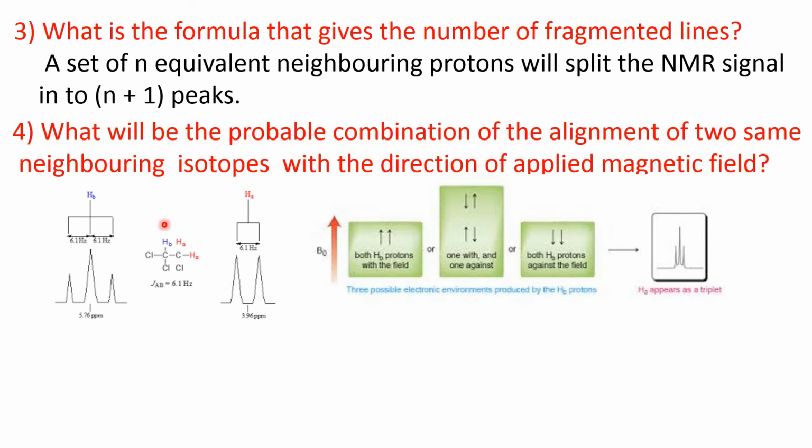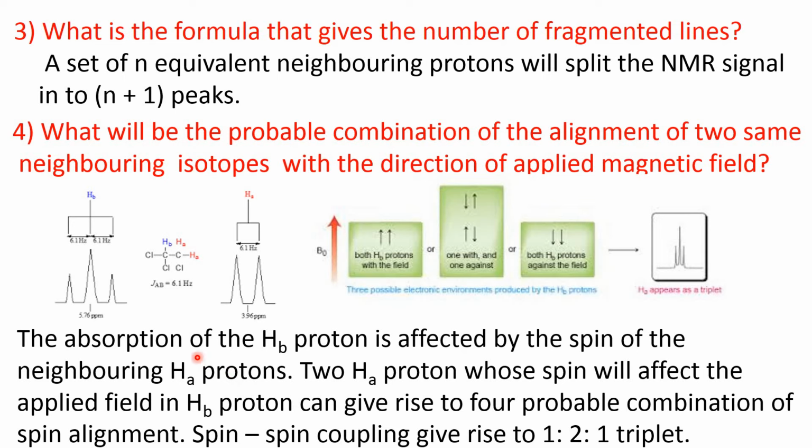Both Ha protons are aligned with the magnetic field; one is aligned, one is opposite; and both are opposite. So we get the signal as a triplet in the ratio of 1:2:1. So this absorption of Hb proton is affected by the spin of the neighboring Ha protons. Two Ha protons whose spin will affect the applied field on Hb proton can give rise to 4 probable combinations of the spin alignments, and the spin-spin coupling gives rise to 1:2:1, that is a triplet.